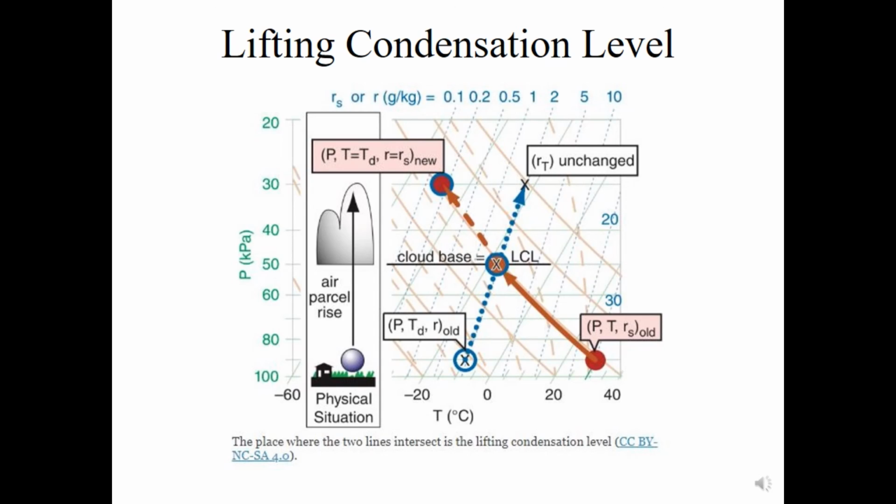However, the mixing ratio, r, is not going to change with height as long as this air parcel isn't mixing with other air parcels, and that will be conserved with height.